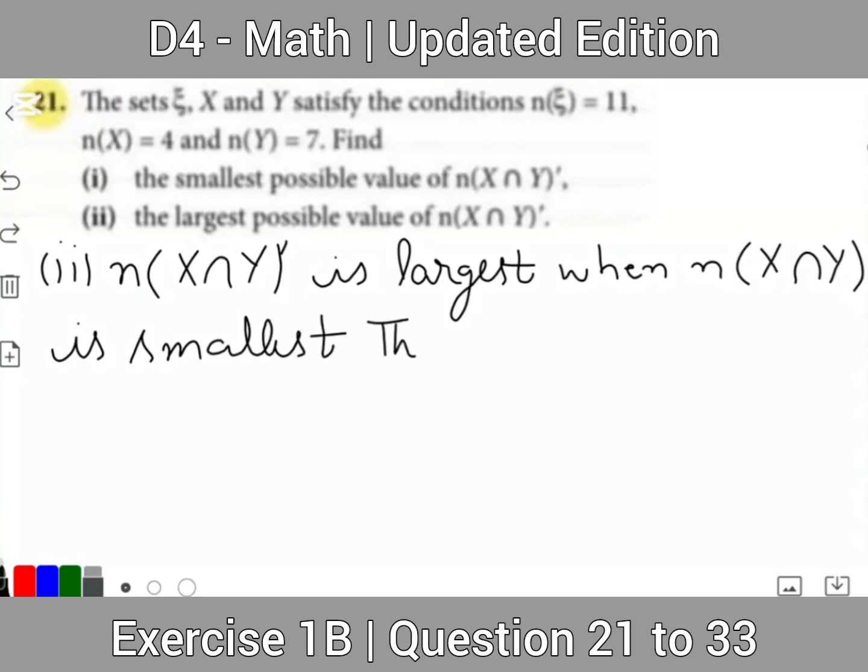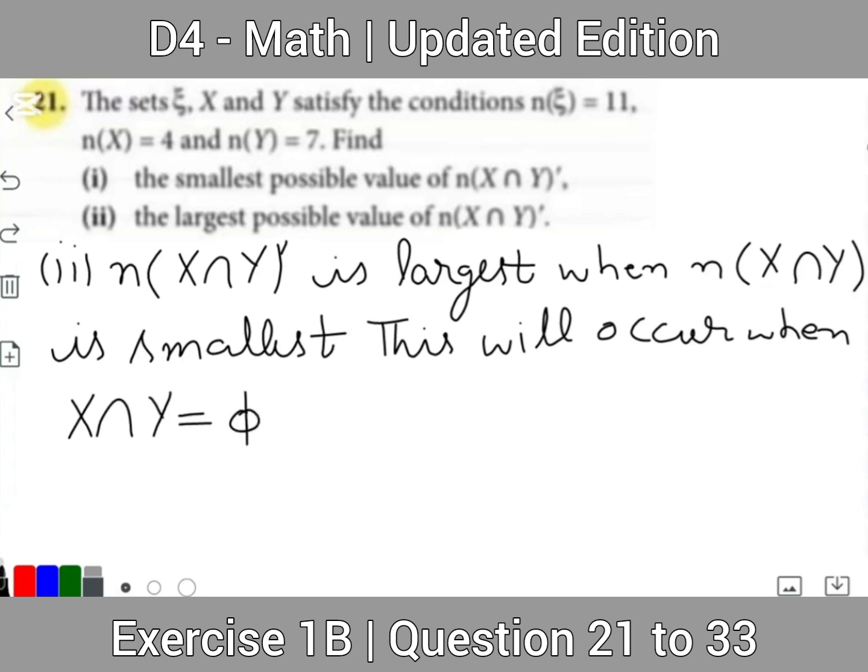This will occur when X intersection Y is equal to the empty set. It means X and Y are disjoint sets. There is nothing in common between the sets X and Y.